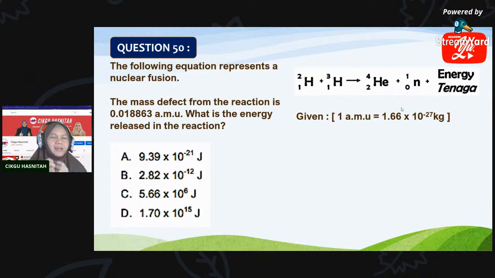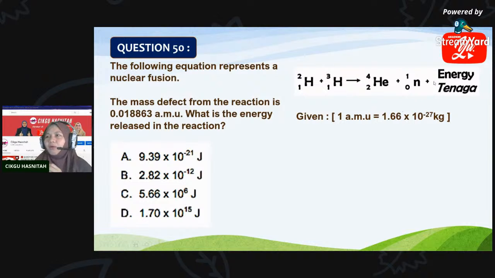Two lighter nuclei combine to form a bigger daughter nucleus, and this process releases an enormous amount of nuclear energy. The amount of energy produced by nuclear fusion is bigger than the amount of energy released in nuclear fission. That one you must know.